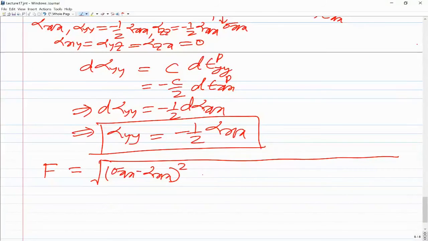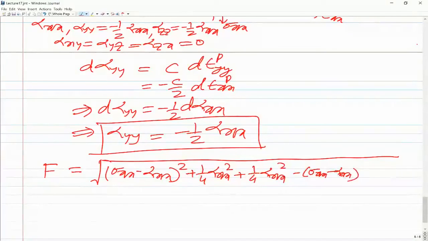Sigma yy is 0, alpha yy is minus half of alpha xx, so you will get plus 1 upon 4 alpha xx square. Similarly, the third term, sigma zz minus alpha zz whole square, will give you 1 by 4 alpha xx whole square. And then we will have minus sigma xx minus alpha xx into sigma yy minus alpha yy, so that will give you alpha xx by 2.